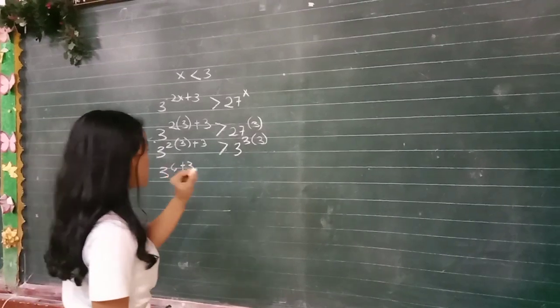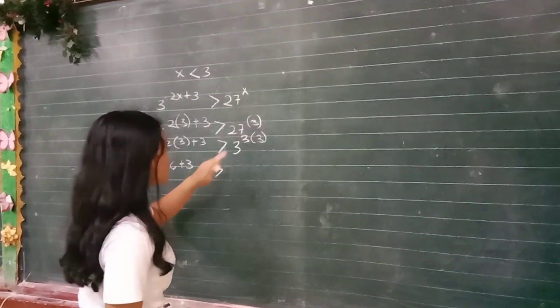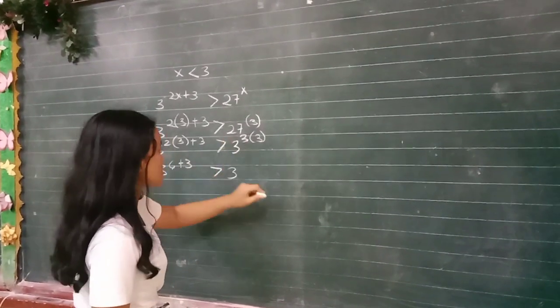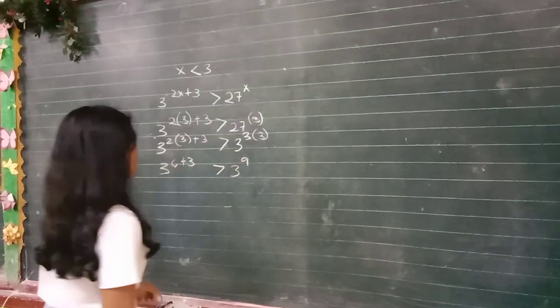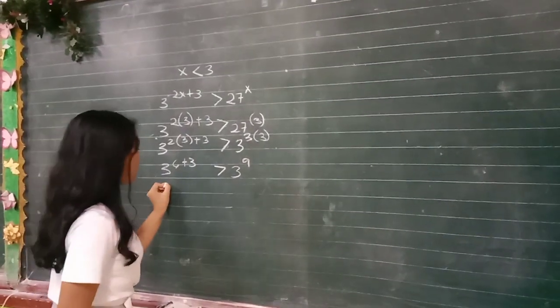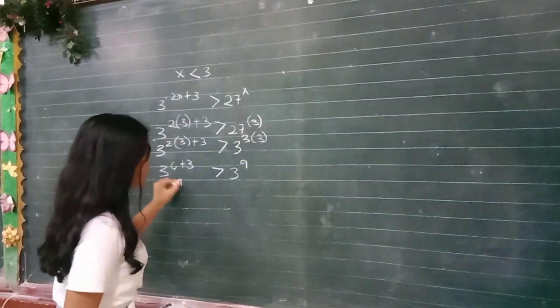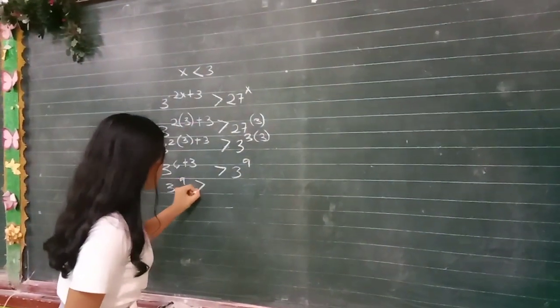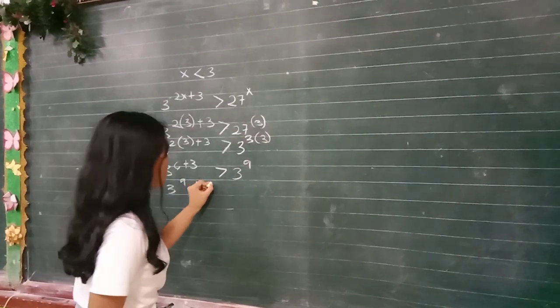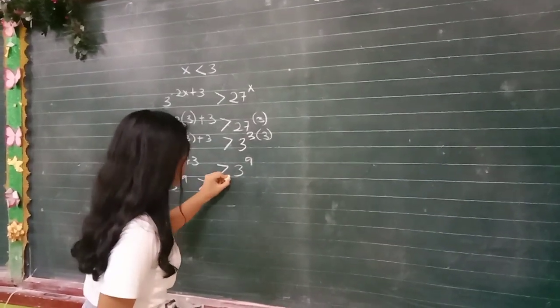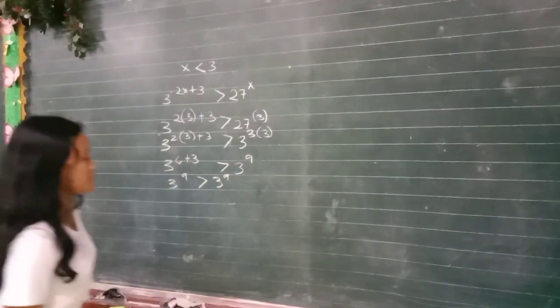And on the right side, 3 times 3 is equal to 9. So, 6 plus 3 is equal to 9, and greater than 3 raised to the power of 9.